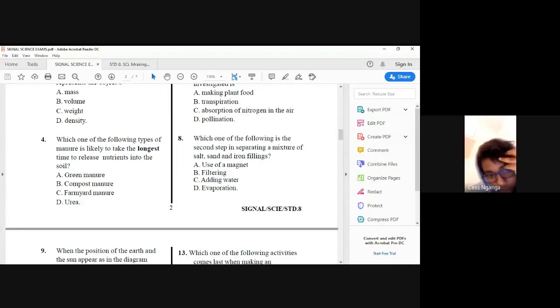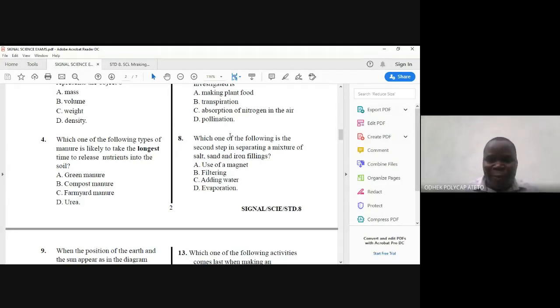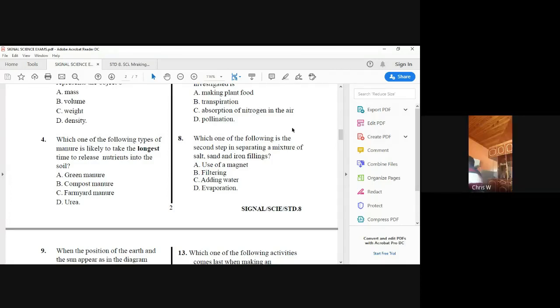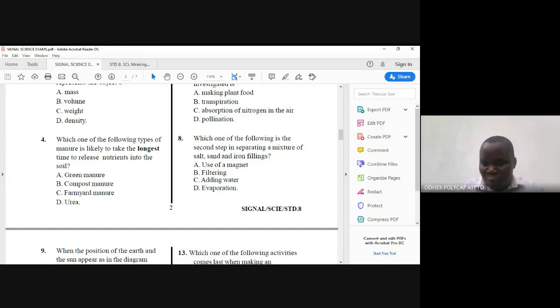Okay. So if you get a question like this one, Jeff, you analyze the question. Look at the components that you have. We have the salt, we have the sand, we have the iron filings. So the first thing that I will do in this process is to pass a magnet to remove the iron filings.